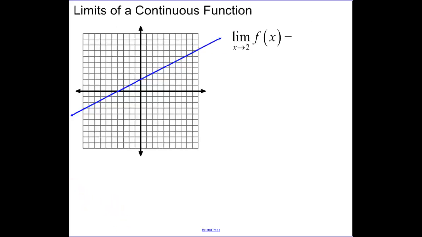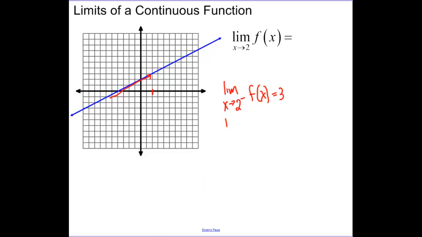Okay, limits of a continuous function. I'm just going to go through some different examples of when limits do and do not exist. Okay, so the limit as x approaches 2 from numbers a little bit less. So my x value right here is 2. As I approach from numbers a little bit less, our value is 3.